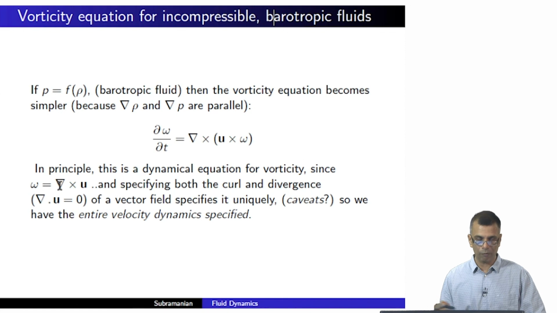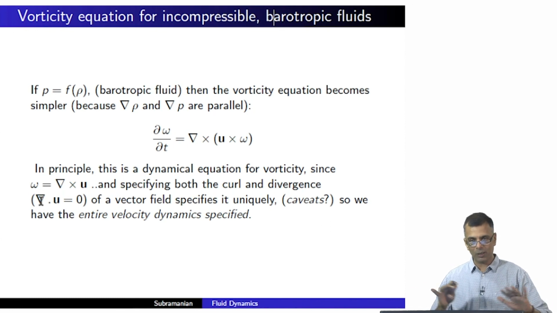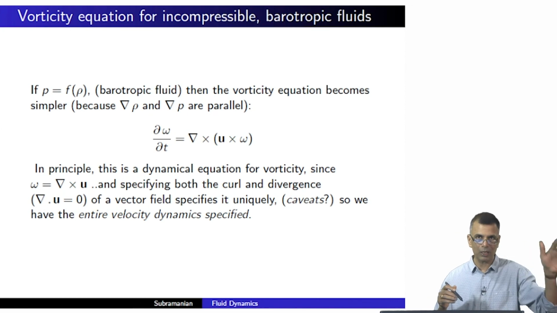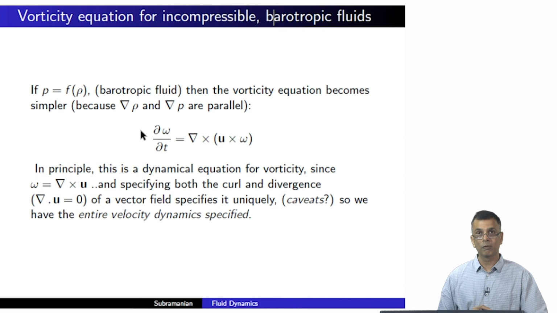So you're in effect specifying both the curl and the divergence, and so it specifies the entire velocity field uniquely, with some caveats about the well-behaved nature of u at infinity, or if you're specifying a boundary, you have to specify the boundaries properly. But essentially, this is a full dynamical equation for the vorticity, or equivalently the velocity field.